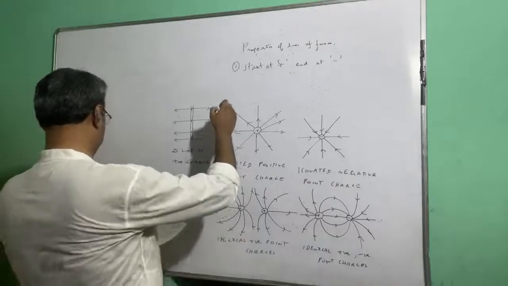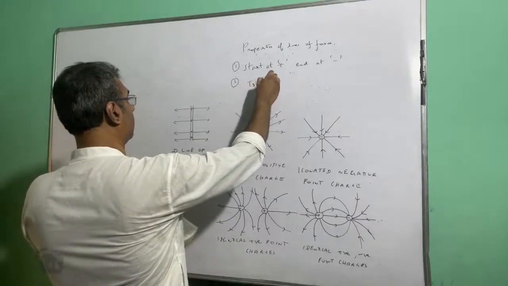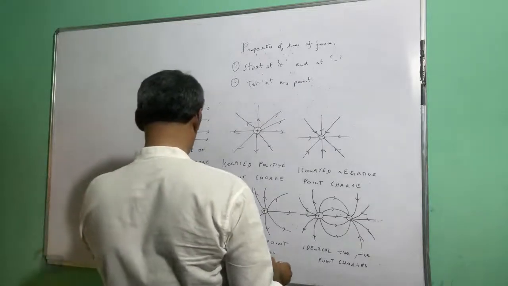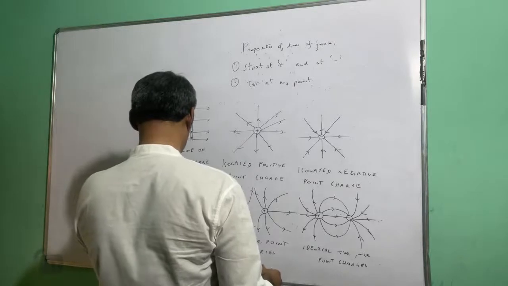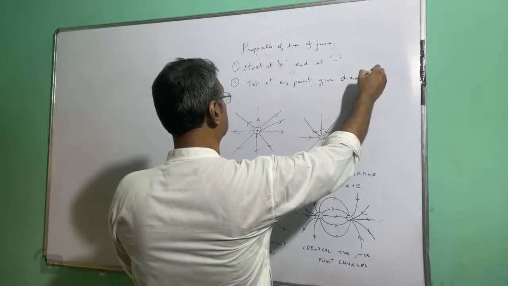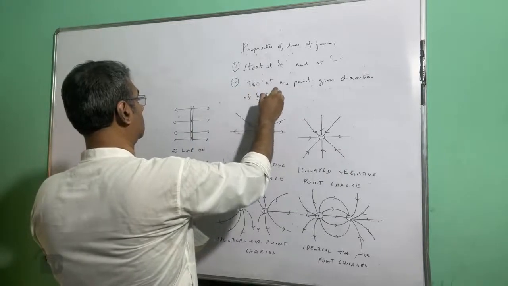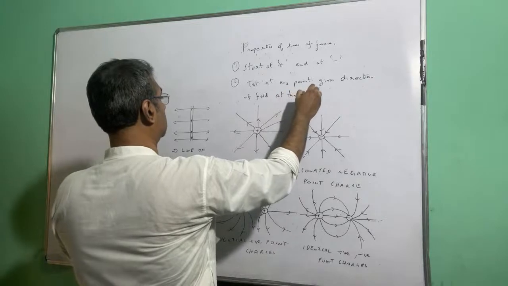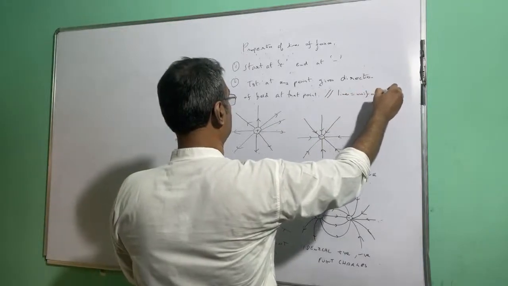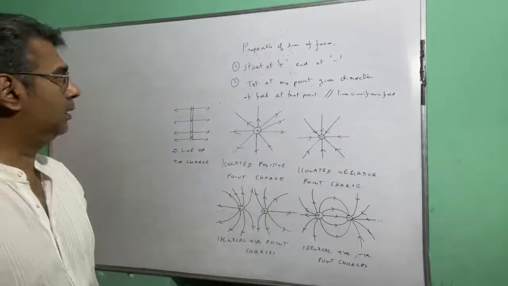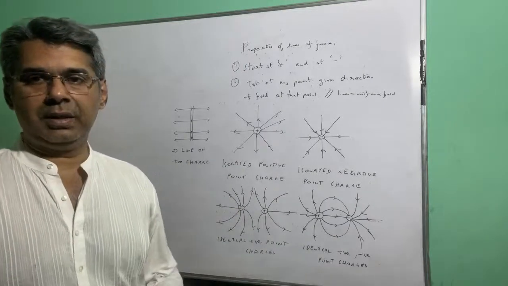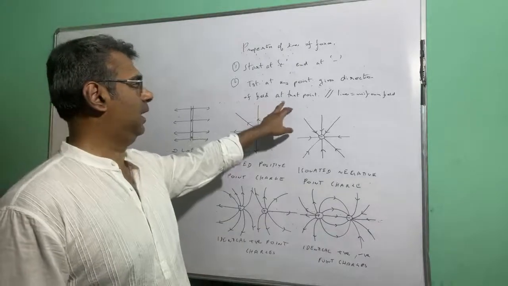Property number 2: if you draw the tangent to the line of force at any point, then you will get the direction of the field at that point.